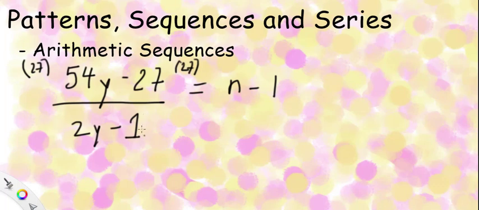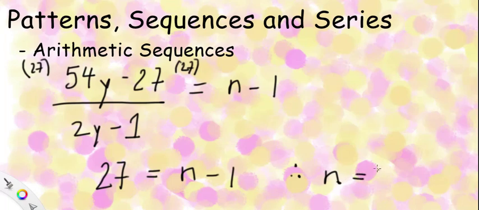So if this is a single term and this is a single term, that means that 54y minus 27 divided by 2y minus 1 is equal to 27, should equal to n minus 1, and therefore n is equal to 27 plus 1. All I've done was move the 1 to that side and change the sign of it, and n is equal to 28.